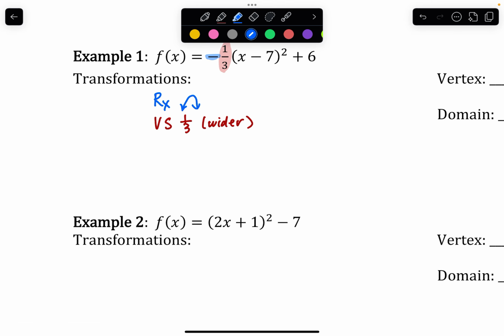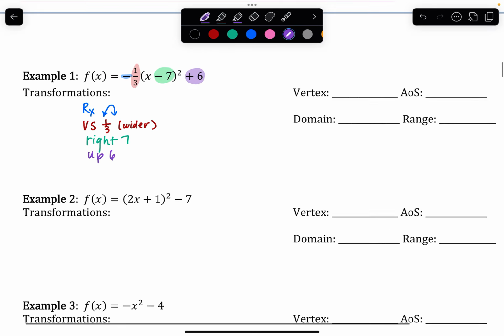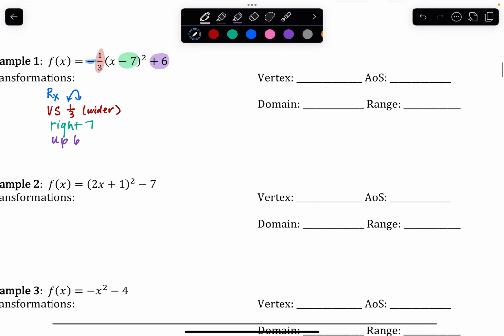And then we have this -7 inside, so that moves us right 7. And then we have a +6 outside, that's going to move us up 6. Okay, and so right 7 up 6 puts our vertex at (7, 6).